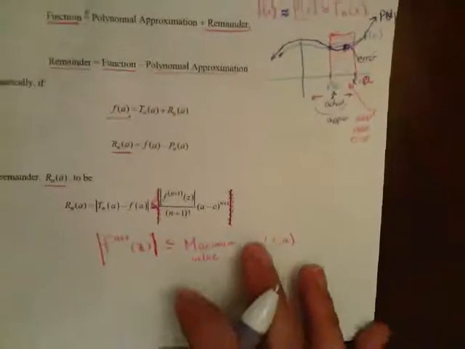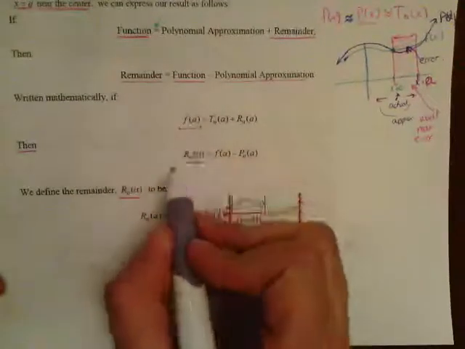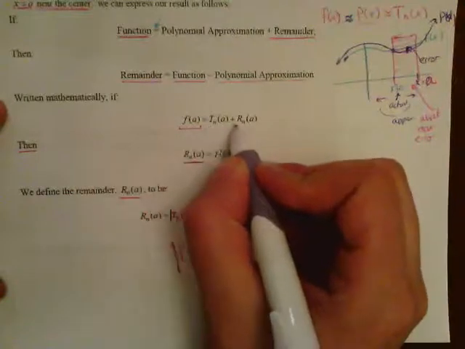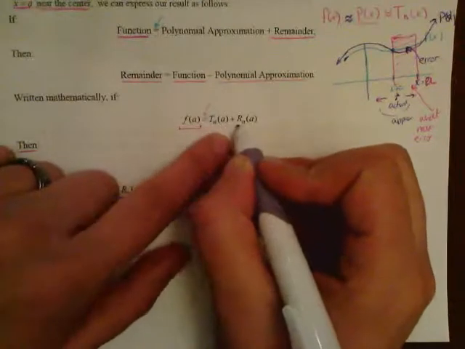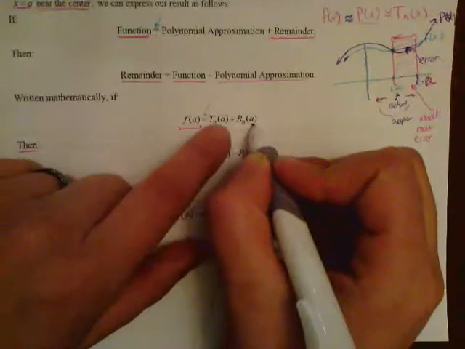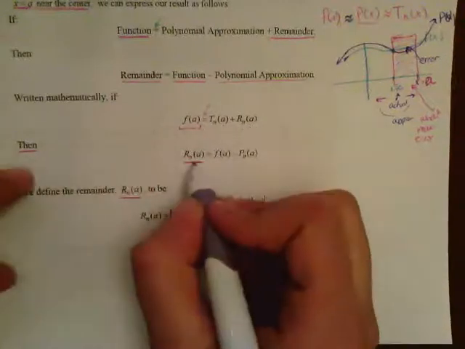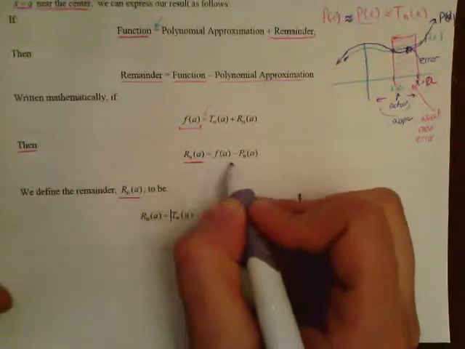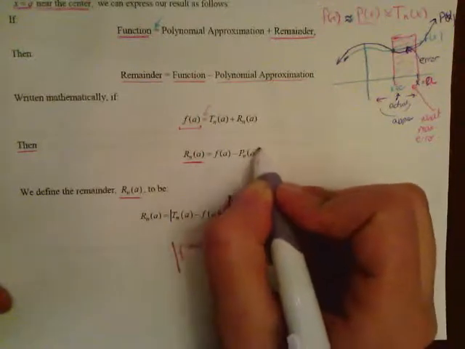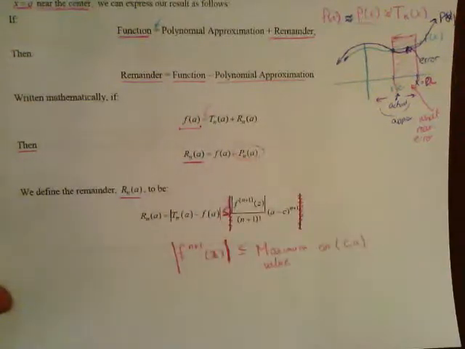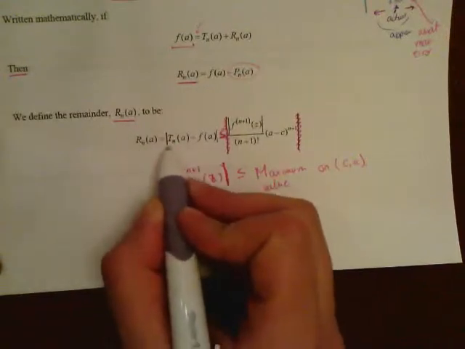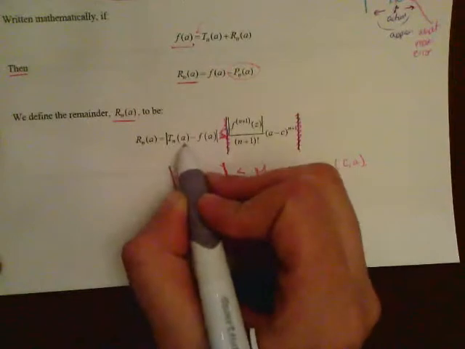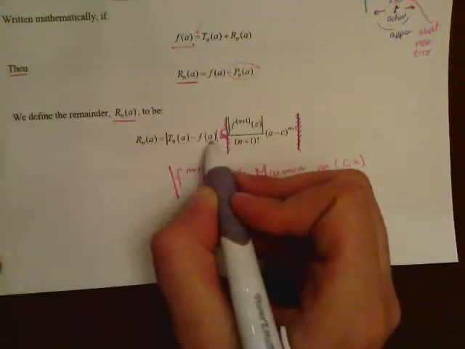So written mathematically, what this is saying is that if the function is equal to the Taylor polynomial plus the remainder at this value a, then I can say that the remainder is equal to the function minus our polynomial function, aka our Taylor polynomial. So it's defined as Rn of a to be the absolute value of the Taylor polynomial at a minus f of a.